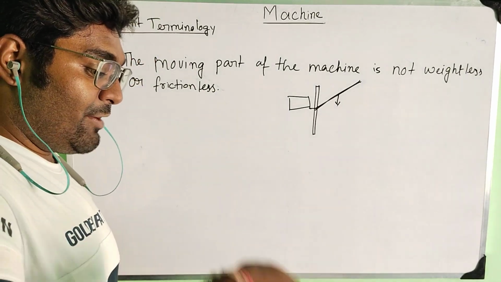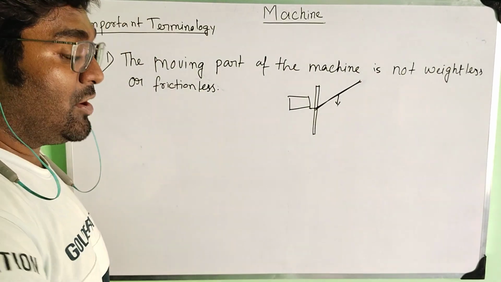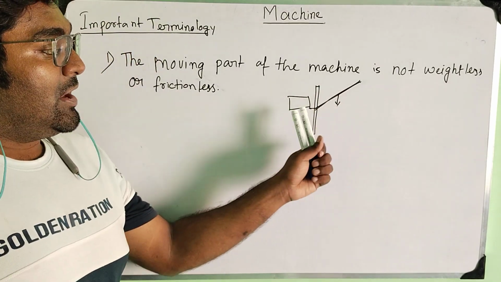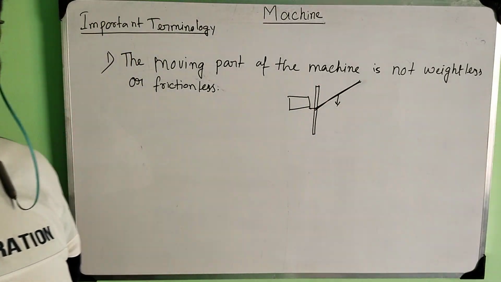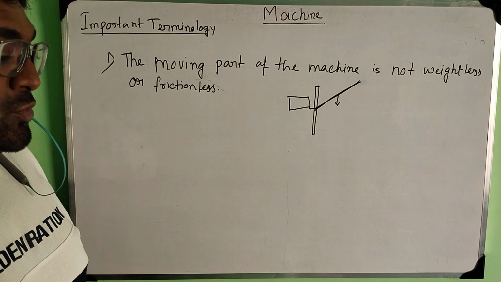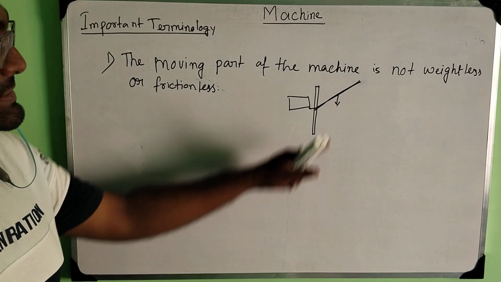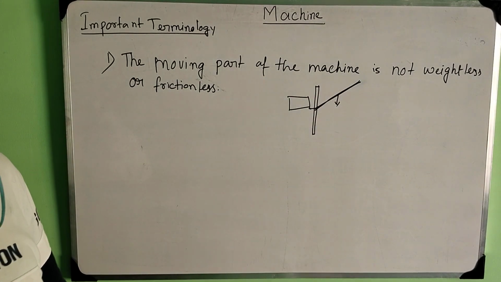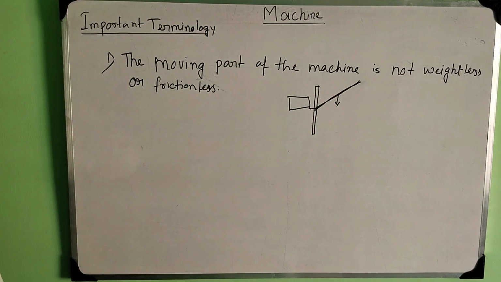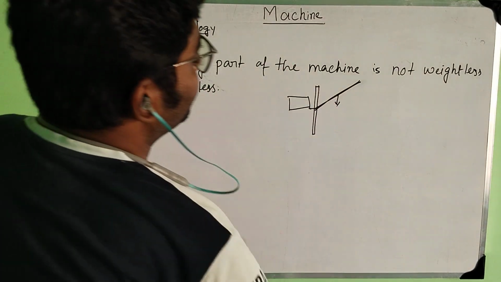That means the energy that we are putting on the machine is lost due to the weight of the handle or this platform also. This platform is also moving. So some energy is lost to overcome this weight of the handle also. That means input energy is lost by this weight of the handle.